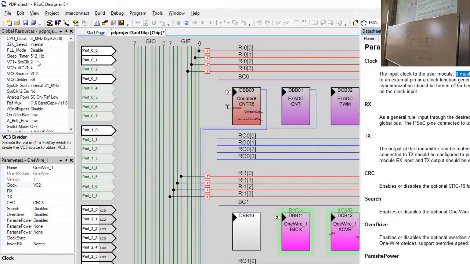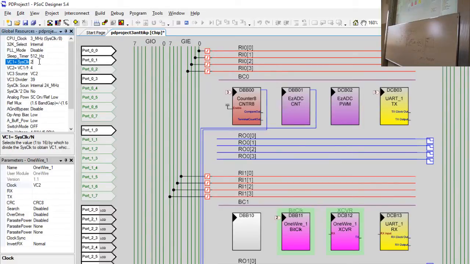We have a 24 megahertz system clock, and divide by 8 is on VC2. Yeah, divide by 2 and 4. VC1 is divide by 2 and then divide by 4. That's divide by 8 altogether. Yeah. Okay.